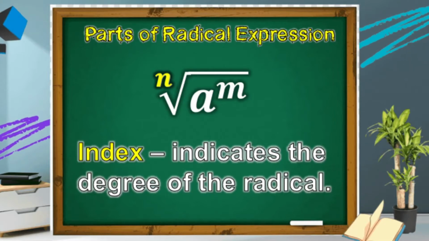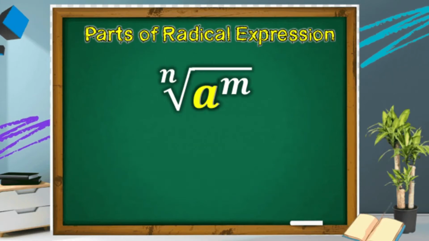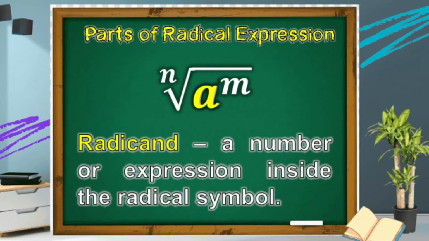Pwede yang maging 3, pwedeng maging 2, pwede yang maging 4, no? Kapag 2 ang index, it means square root. Kapag 3 ang index, it means cube root. Kapag 4 ang index, it means fourth root. And then A is the radicand, or it is a number or expression inside the radical symbol.